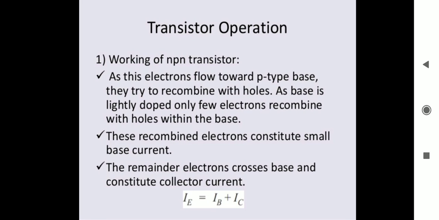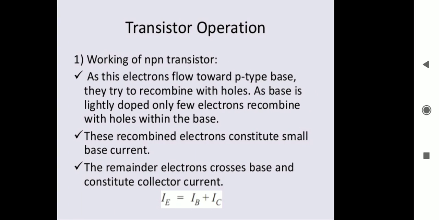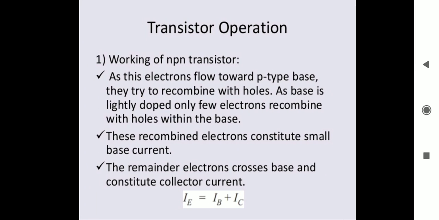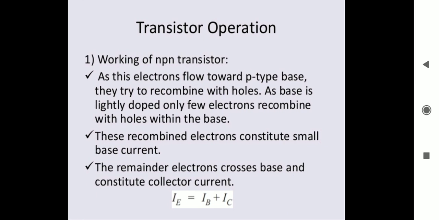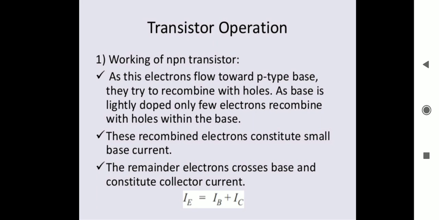Some of the electrons entering into the base region do not reach the collector region. Instead, they flow out of the base terminal through the base connection due to recombination. As the base region is very thin and lightly doped, there are very few holes available in the base region for recombination.